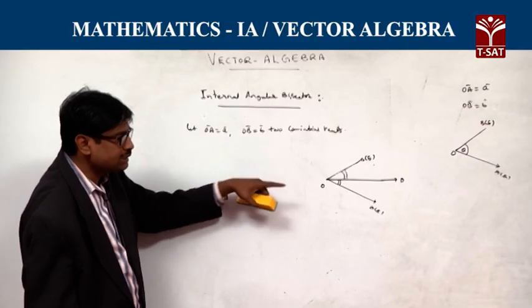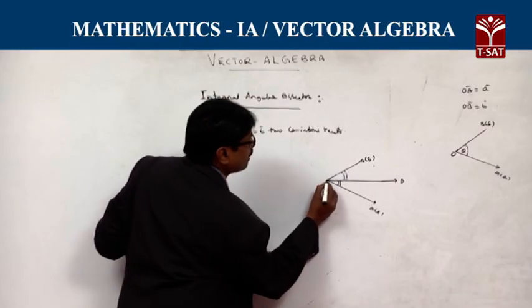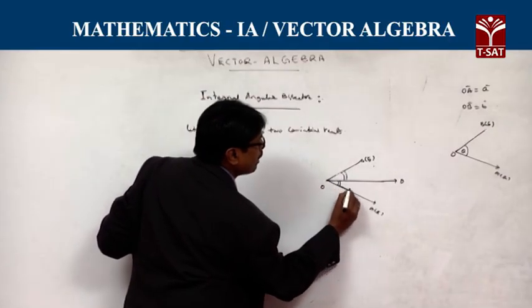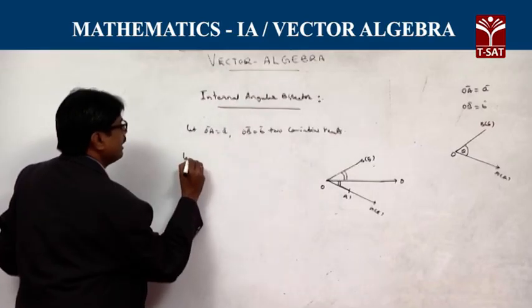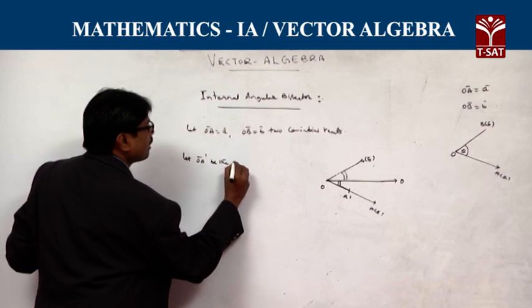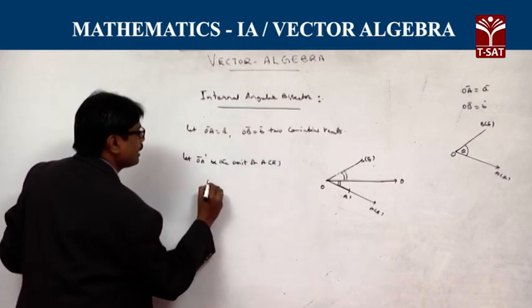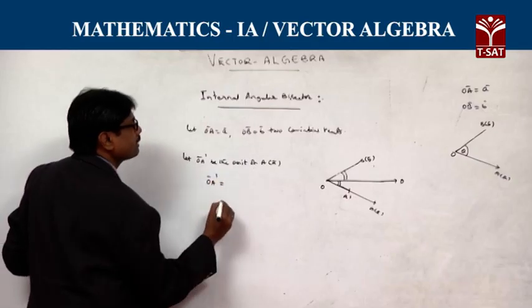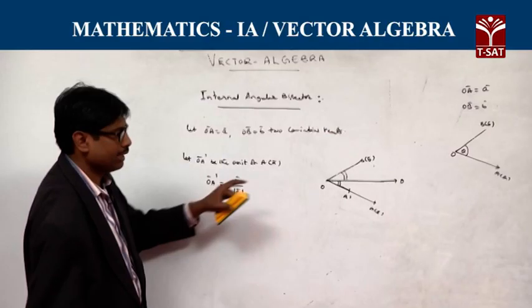To find the position vector of OD bar, first you take the unit vector of OA bar, which you call OA dash. Let OA dash be the unit vector of A bar. So what is OA dash bar? OA dash bar is equal to A bar divided by mod of A bar, in the direction of A bar.